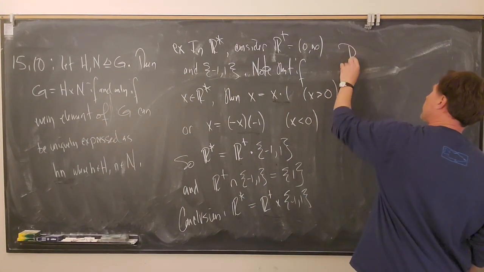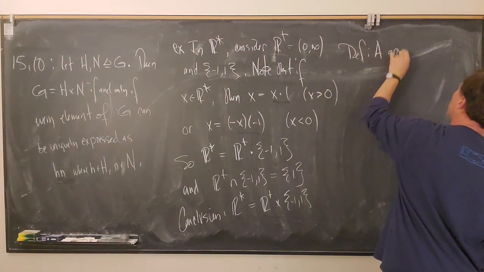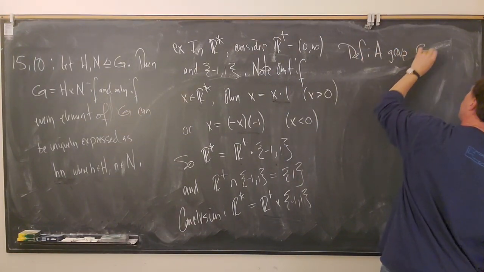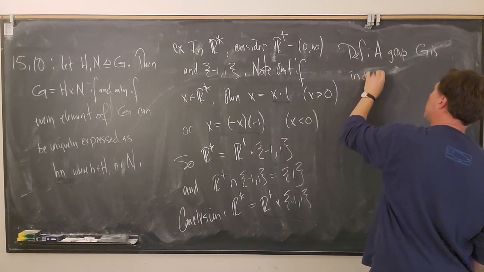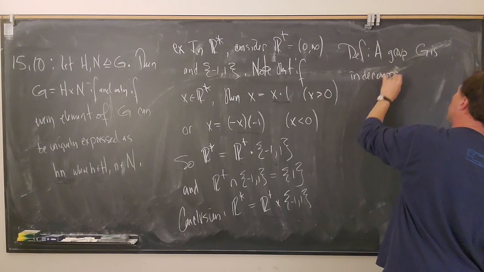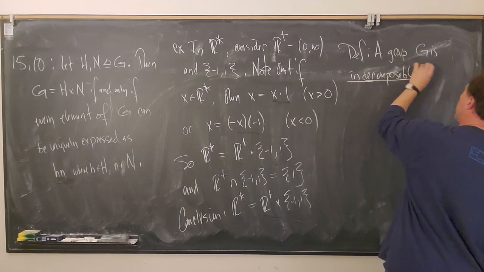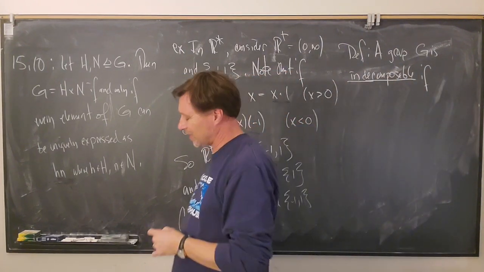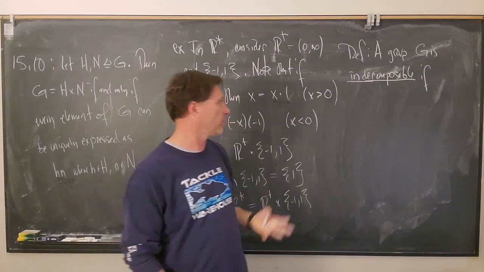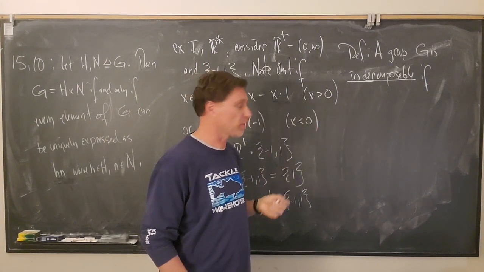Here's a definition. A group G is indecomposable if, whenever you express it as an internal direct product, you essentially did it trivially, meaning that one of the groups is all of G and the other group is the identity.